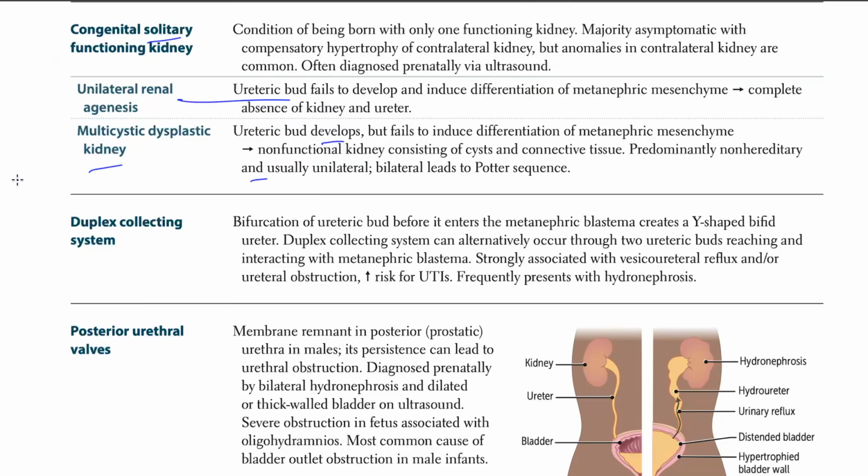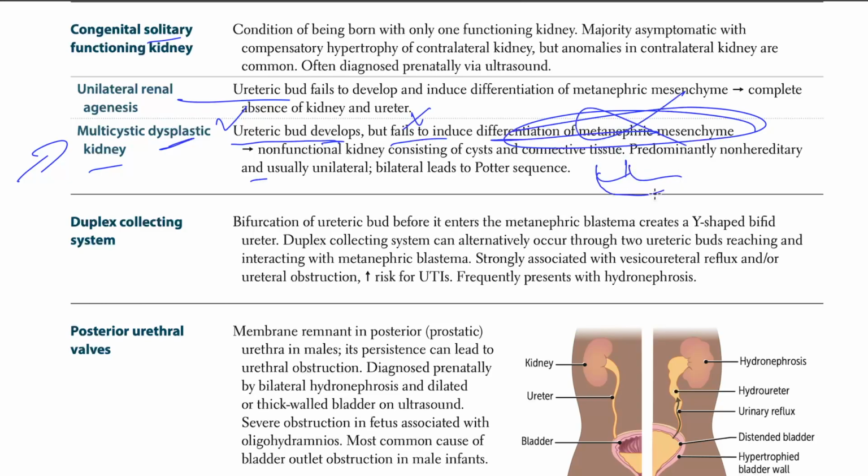But on the other hand, you have the multicystic dysplastic kidney. So you have the kidney, but it's dysplastic, in which case you are making the ureteric bud, but you are failing to induce differentiation into the mesenchyme. So you have no mesenchyme. If you have no mesenchyme, guess what? You have no glomeruli, no PCT, loop of Henle and DCT, you have nothing.